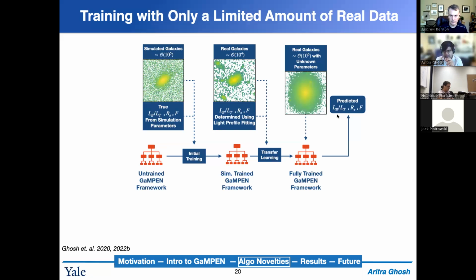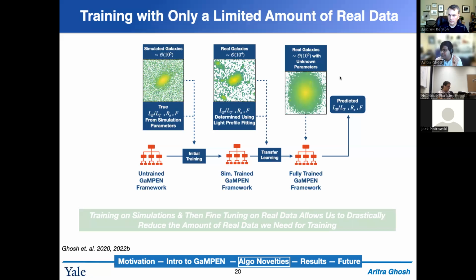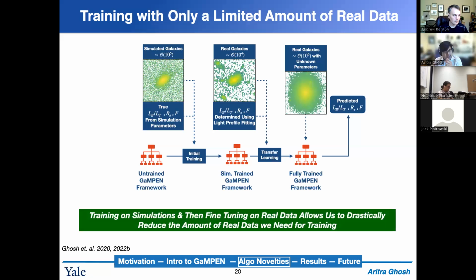Once we have done that, we can just plug in all the leftover data in our sample and run it through to obtain the predicted values of the bulge to total light ratio, effective radius, and flux. So essentially, training on simulations and then fine-tuning on the real data allows us to drastically reduce the amount of real data that we need, to 1% or even less than 1%, close to 0.5% of the total data that we have.